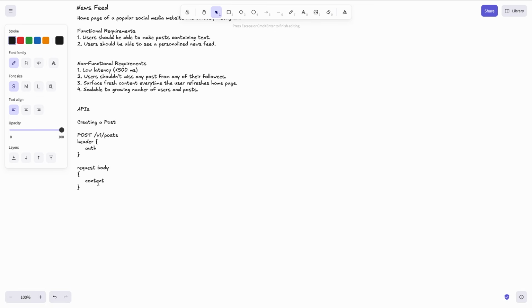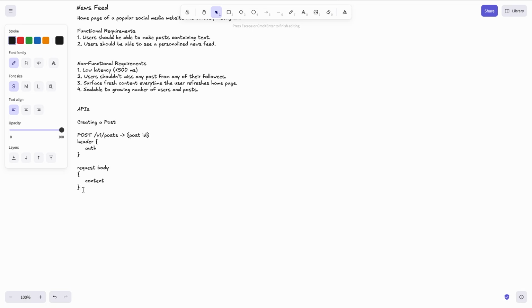And what this API would return is a post ID of the newly created post, which would be unique in our system. So that's our write API.